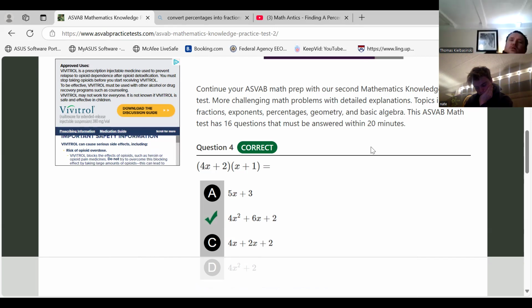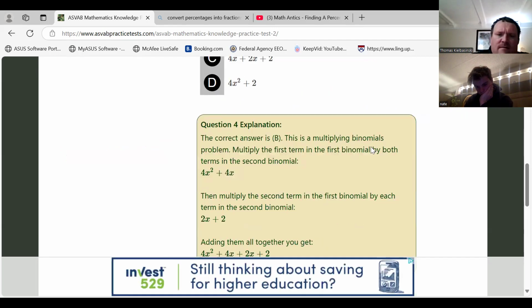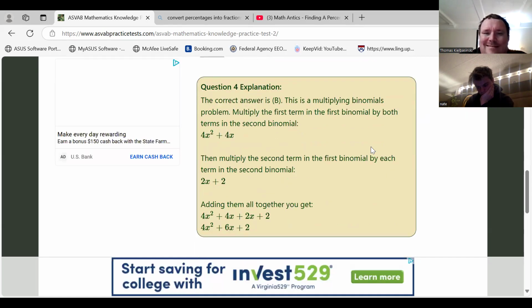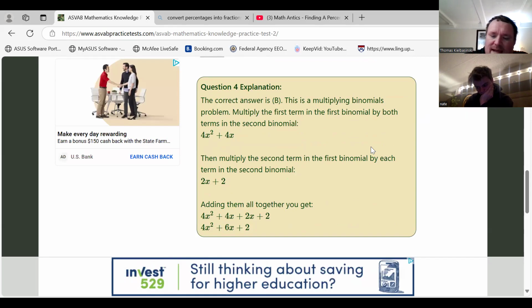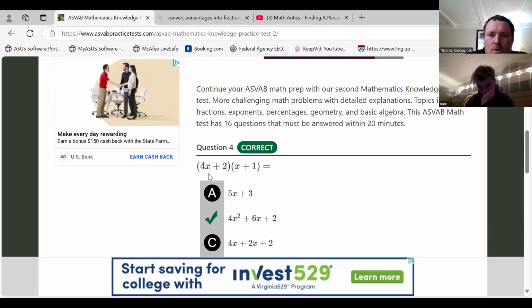This is all part of binomials. X does not represent anything other than the variable itself. Then the second item off to the right is the first binomial by the second term in the second binomial, 2x plus 2. So what you're doing is you're taking plus 2 and x, and that's 2x right here.